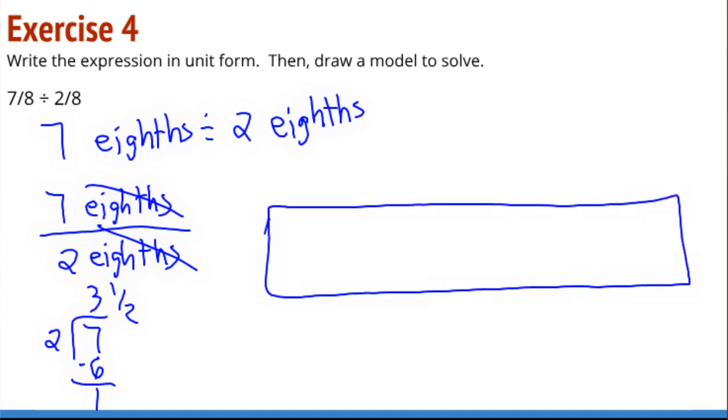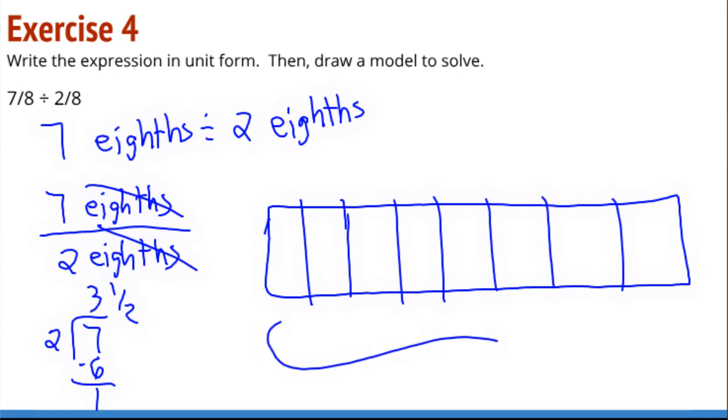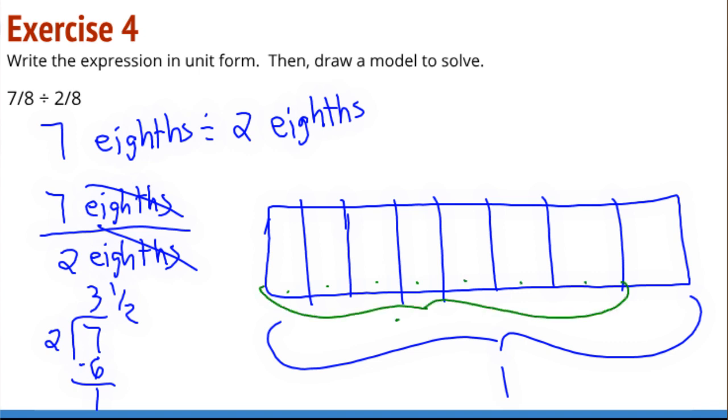And I'm making eighths here. 1, 2, 3, 4, 5, 6, 7. All right, so this is my whole, my 1, and I have 7/8. 1, 2, 3, 4, 5, 6, 7. 7/8, and I'm supposed to make groups of 2.